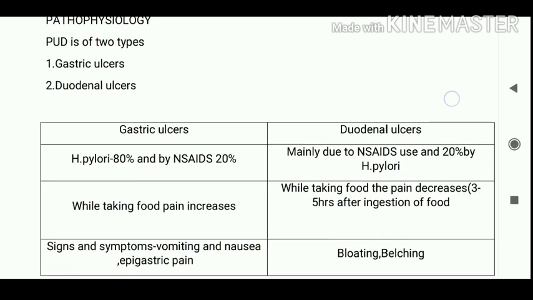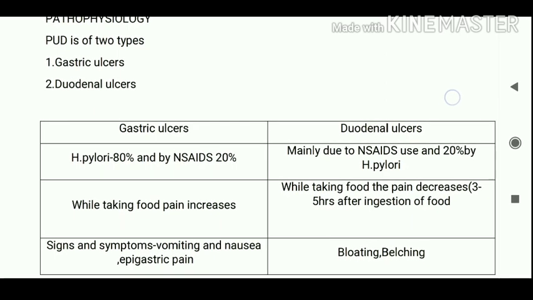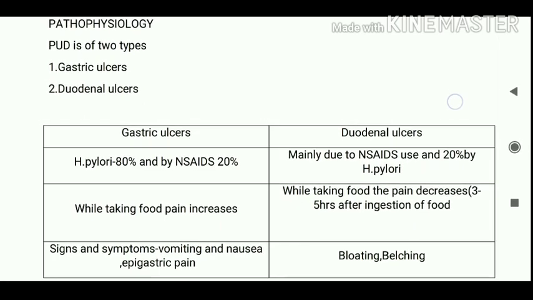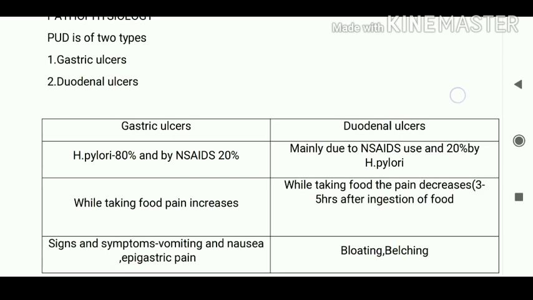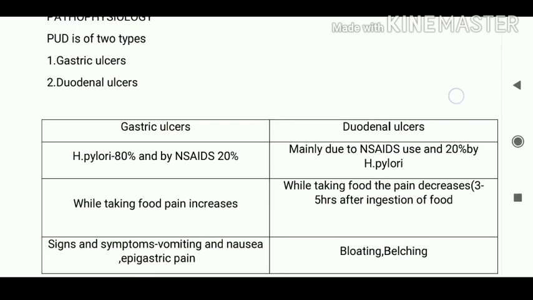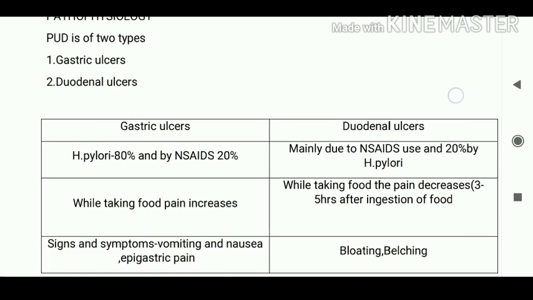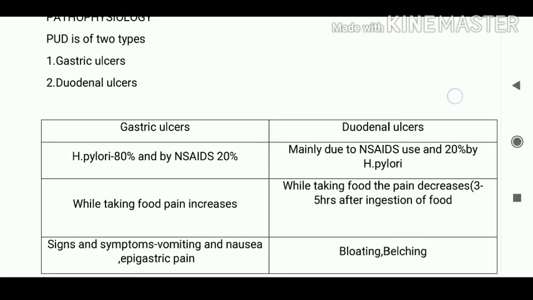In this condition, while we are taking food, the pain increases. Why? Because immediately after we take food, HCl and pepsin are released, and those HCl and pepsin are responsible for causing pain.